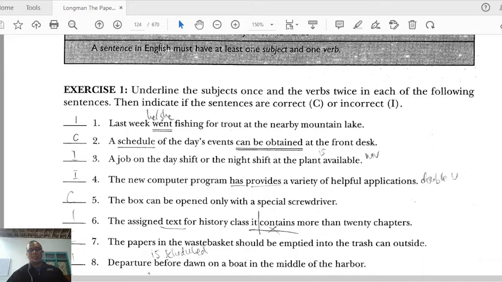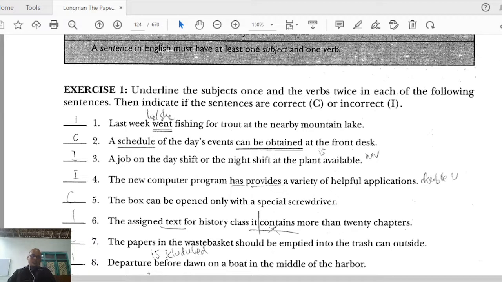Oke, nggak apa-apa deh. Oke, so number 1, last week went fishing for trout at a nearby mountain lake. Nah, jadi ini last week harusnya he or she ya.